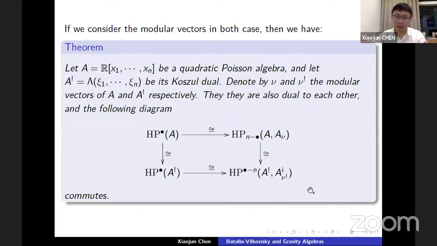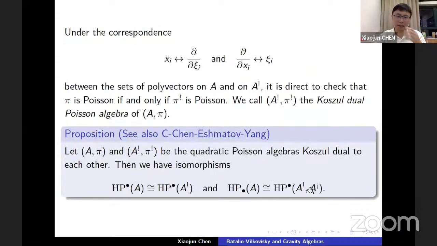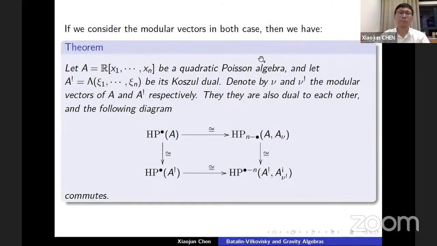This is easy to prove. Just write down the corresponding complexes, then use this identification. Then everything is an isomorphism of complexes.